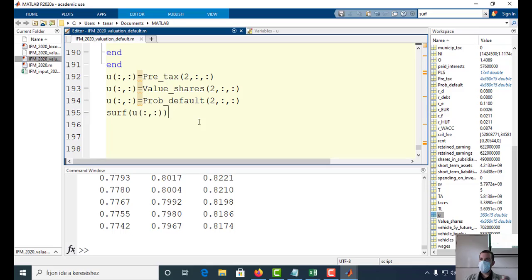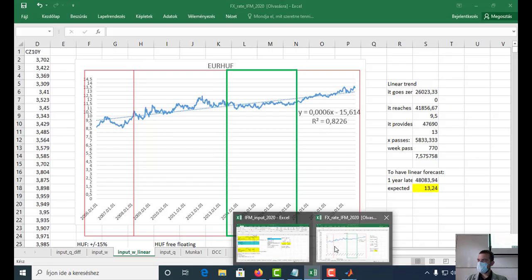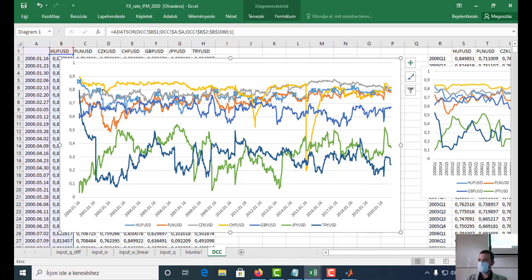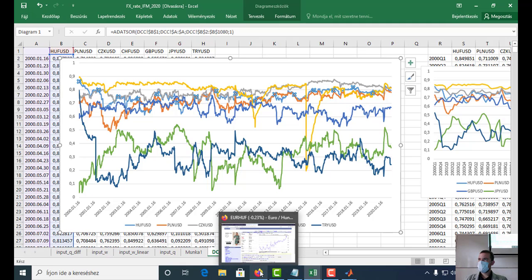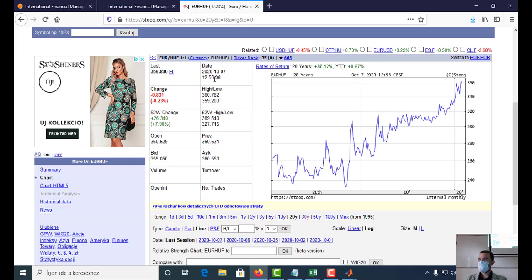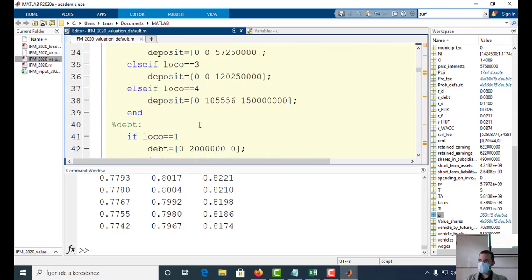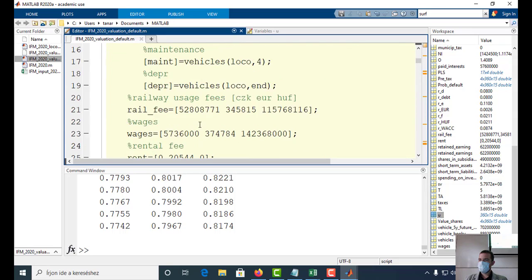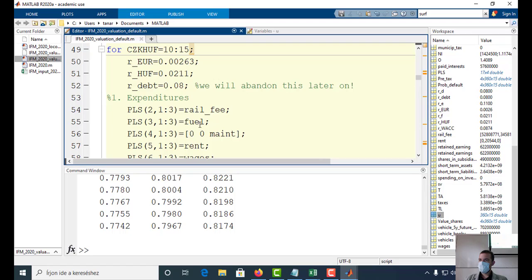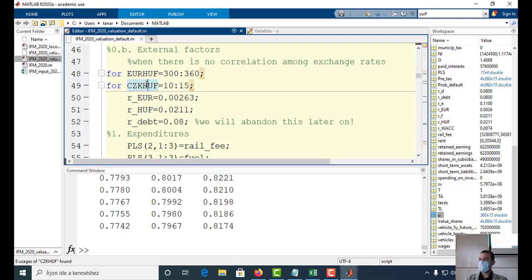But as I mentioned already, due to the correlation we have to define different exchange rate pairs, so they're not supposed to be independent from each other when we are talking about the euro and the Czech koruna. It's much better to say that we are defining exchange rate pairs, and then they have to follow this.